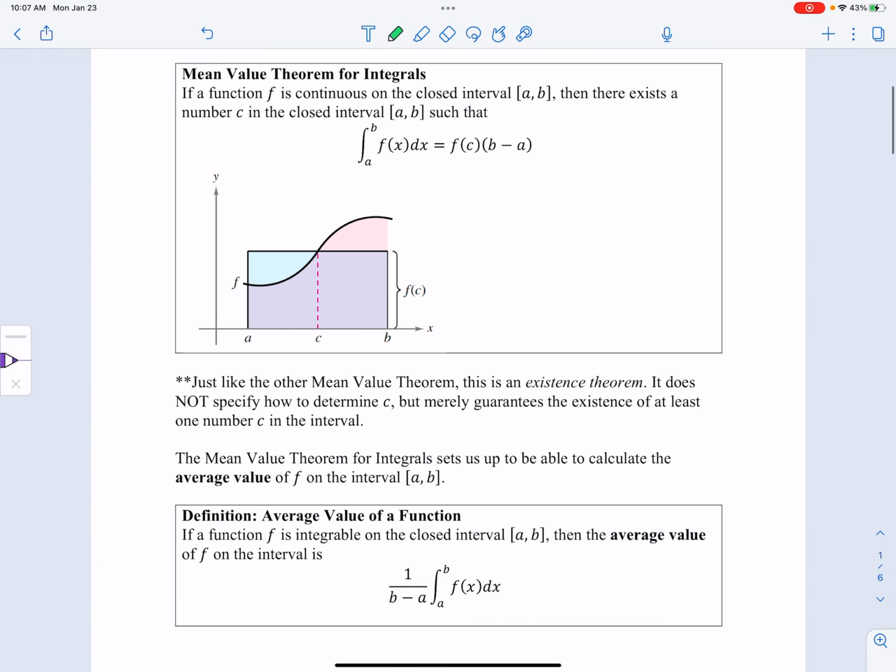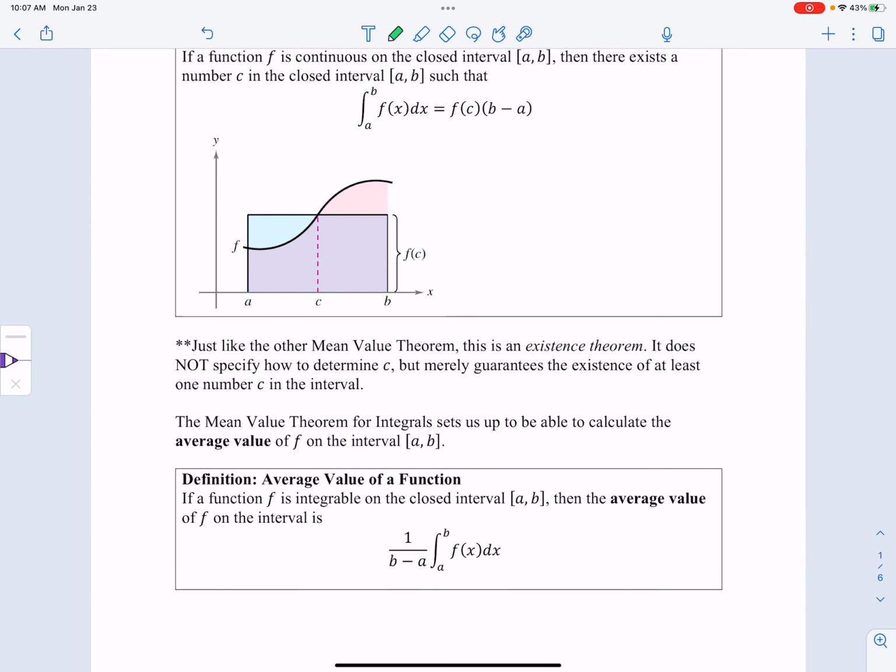And if you look at mean value theorem, you're maybe like, well, if we were to divide by b minus a on both sides over here, wouldn't we end up with f of c equals 1 over b minus a times the definite integral from a to b?